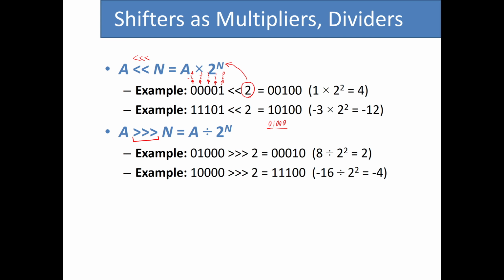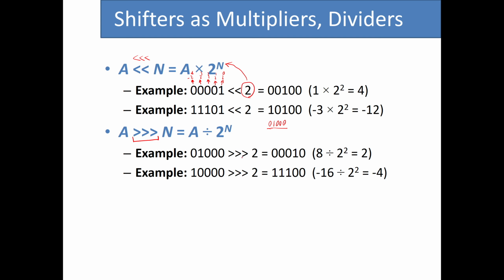So let's take a look at some examples. Here we have 0 1 0 0 0. Again, we assume that this is a 2's complement number, so this one is 8 in decimal form. If I arithmetically right shift 2 places to the right, what I get is 0 0 0 1 0, which is in fact 2.